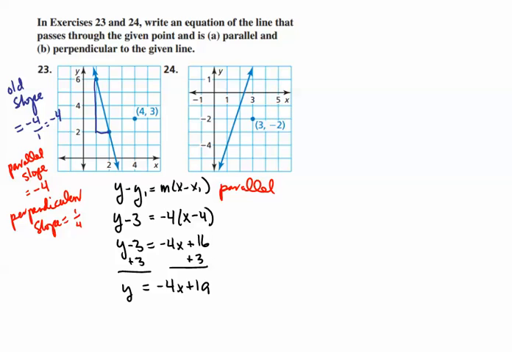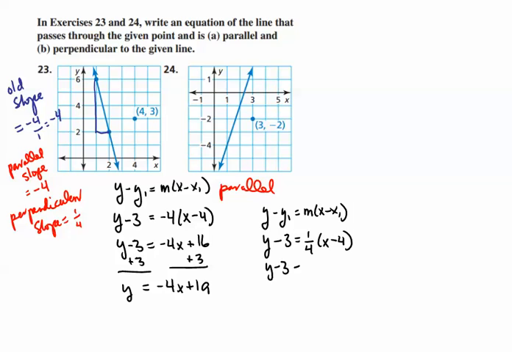Next, my perpendicular line, y minus y1 is equal to m times x minus x1, and this time my perpendicular slope, notice the point that I'm using is the same in each case. Perpendicular slope will be +1/4 times x minus 4.